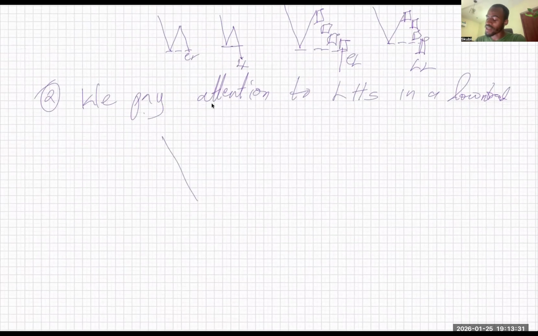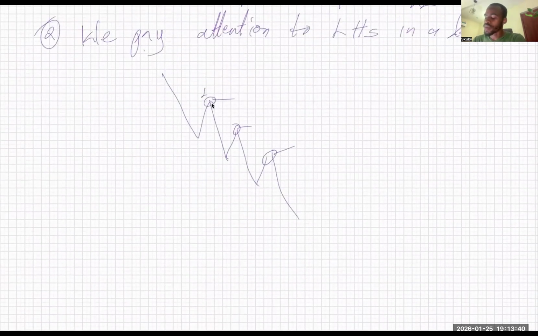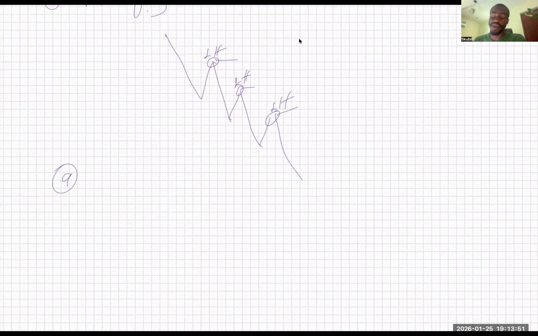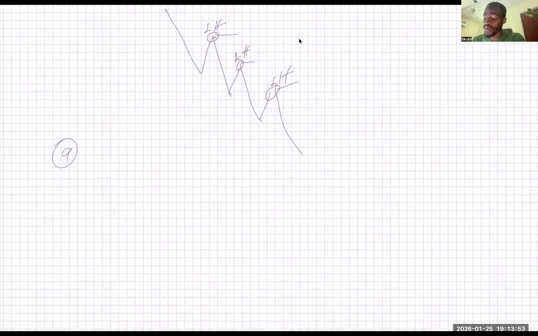As I'm having my downtrend like this, all these lower highs are important that we pay attention to them. Now, why are we paying attention to these lower highs? The first reason why we're paying attention to these lower highs is because, first of all, that's where we're looking to sell from.